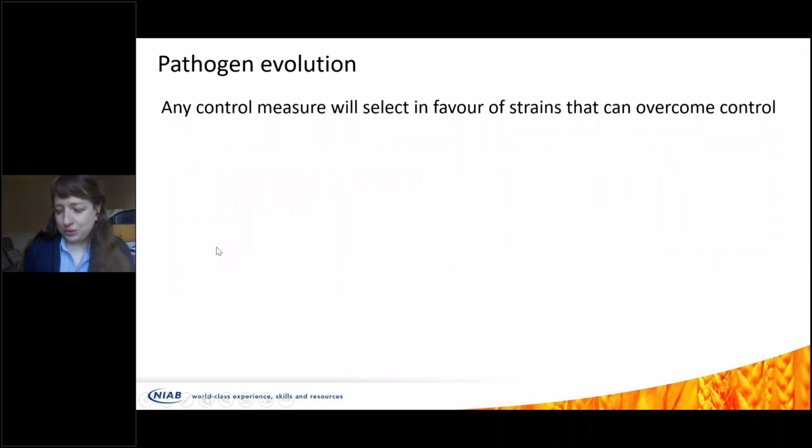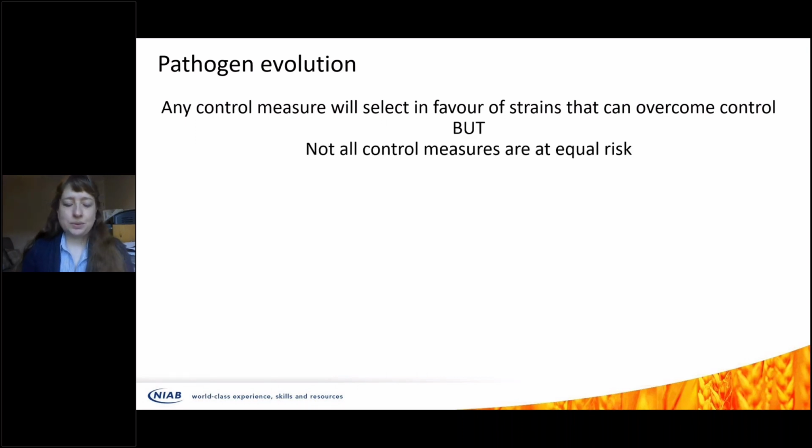But in fact, whatever control measure you try to use, that will be selecting to favour any strains that can overcome that control measure. So any control measure is at risk, but that doesn't mean that all control measures are at equal risk.